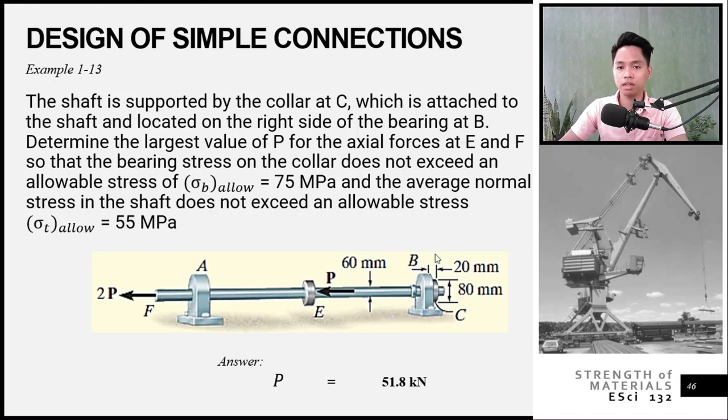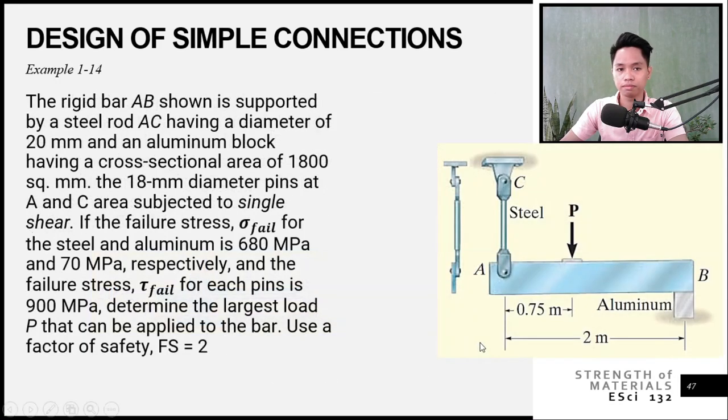Next example would be, I guess this is the last example. The rigid bar AB shown is supported by a steel rod AC having a diameter of 20 mm. So AC is 20 mm. Single shear. The side view is just single shear. And an aluminum block having a cross-sectional area of 1/8 square millimeters.